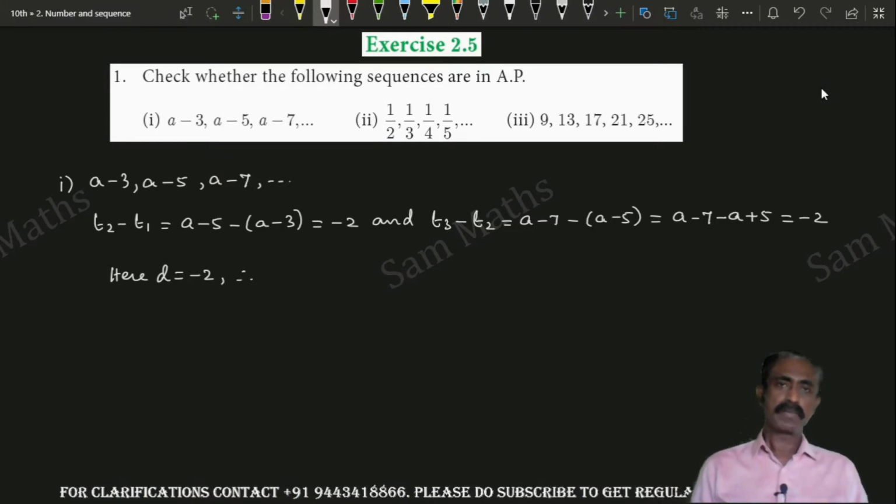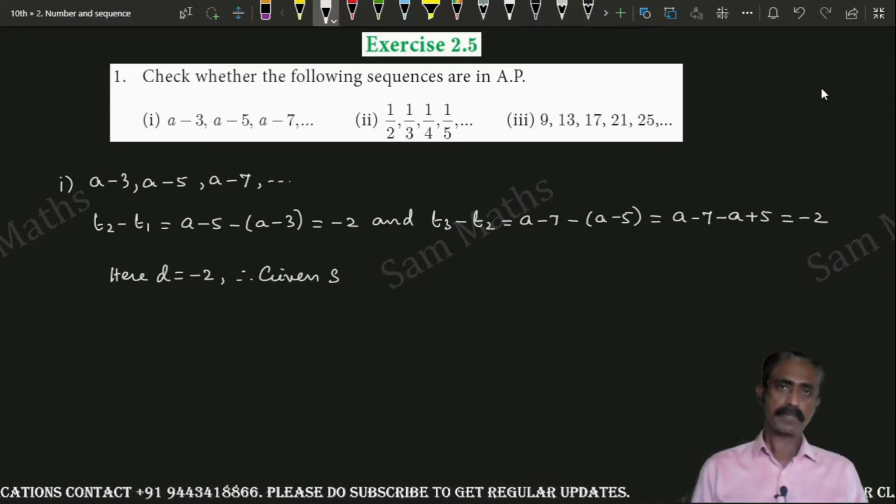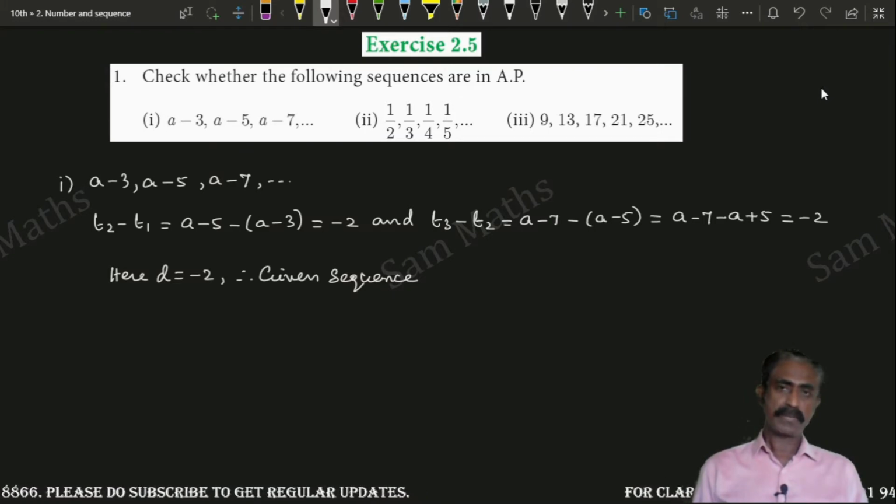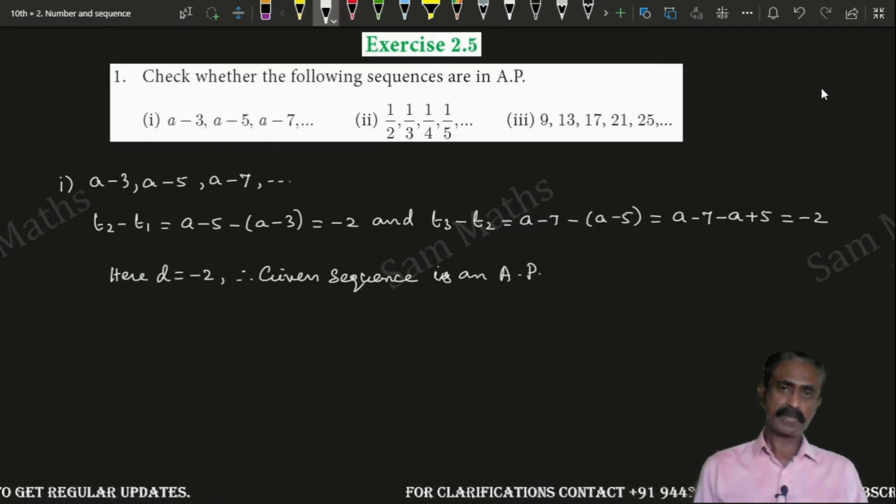Therefore, the given sequence is an AP, arithmetic progression.